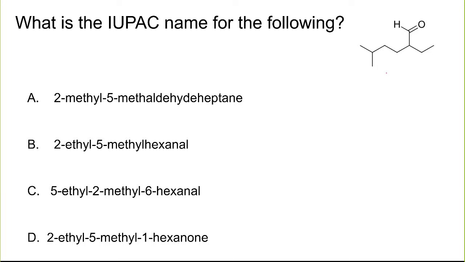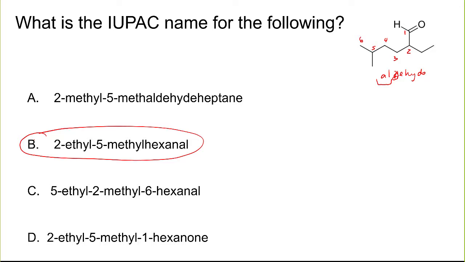This one is an aldehyde, so it should end in al. And with 6 carbons, we have hexanal, and then we're just going to list alphabetically. The ethyl is at 2 because our hexanal carbon has to be at 1, so B is the correct answer here. Very good. Questions on this one?